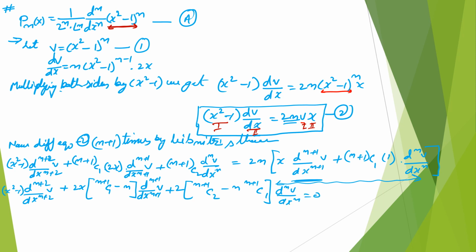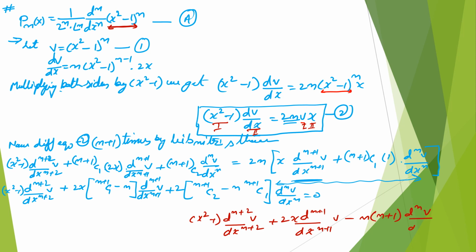Now finally we have an equation, that is (x square minus 1) times the (n plus 2)-times derivative of v with respect to x plus 2x d^(n+1) over dx^(n+1) v minus (n plus 1) times the n-times differentiation of v with respect to x is equal to 0.